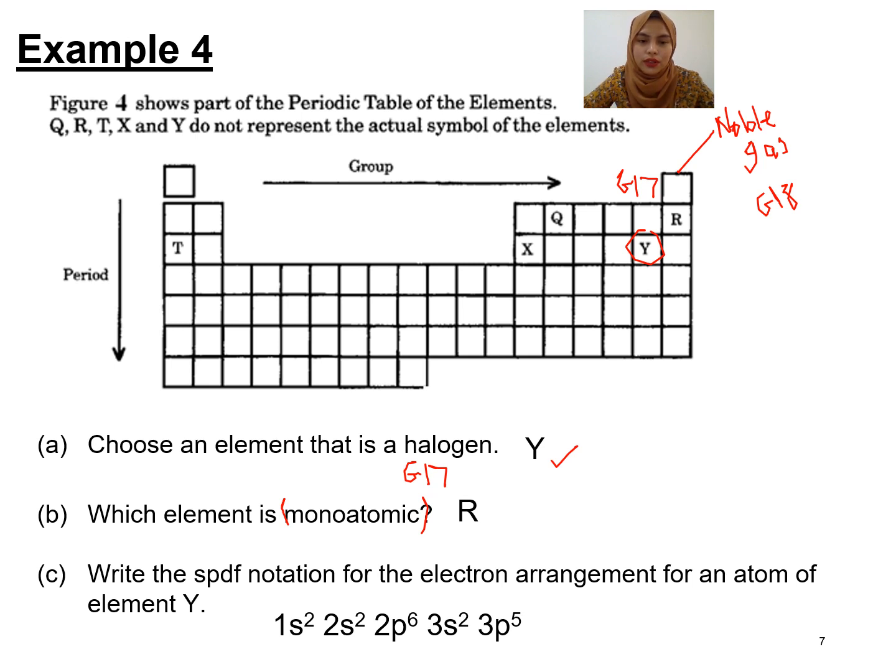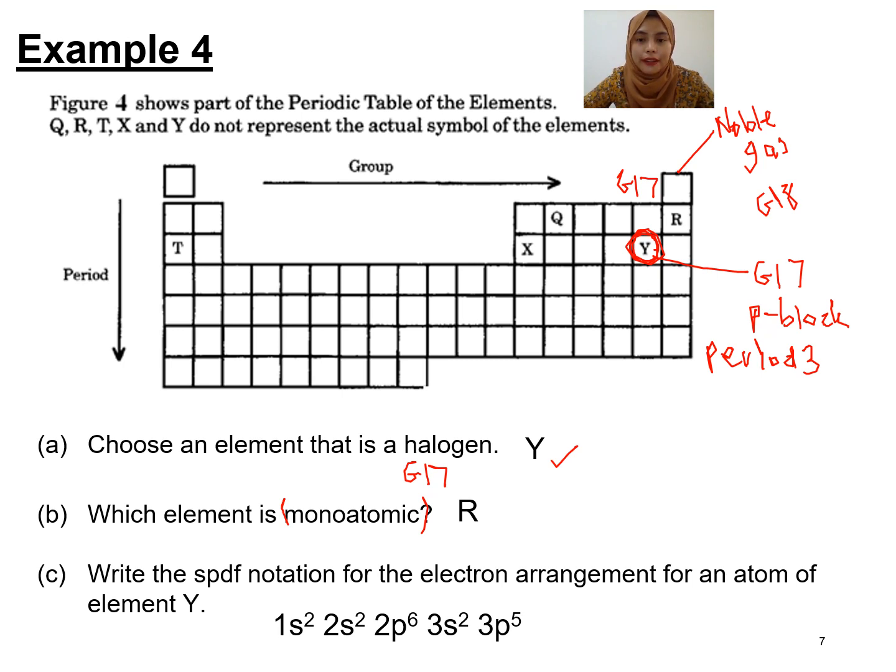Next, soalan suruh kamu write the SPDF notation for the electron arrangement untuk elemen Y. Okay, untuk elemen Y ni, if you look at here closely, you will know that Y dia berada pada group 17 and also Y berada pada P block and also Y dia berada pada period berapa ni? Period yang ke 1, 2, 3, period yang ketiga.